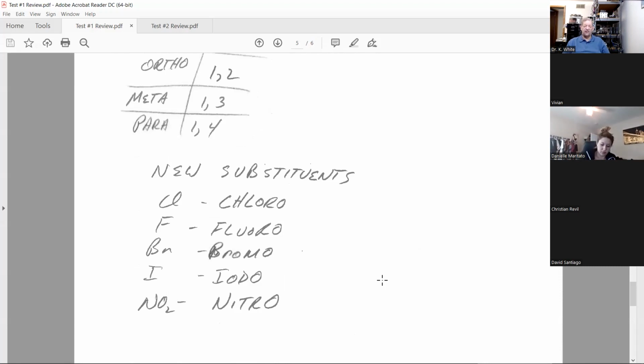When it's fluorine, it's fluoro, Br, bromo, iodine, iodo, and NO2 is called a nitro group. Remember, what you're looking at is hidden in the secret file in the lecture section of D2L called test number 1 review.